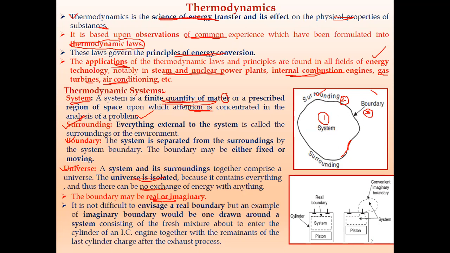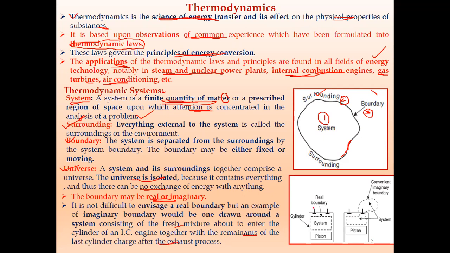It is not difficult to envisage a real boundary, but an example of an imaginary boundary would be one drawn around a system consisting of a fresh mixture of air and fuel that enters the cylinder of an IC engine, together with the remnants in the cylinder, and after that gets exhausted from the process.